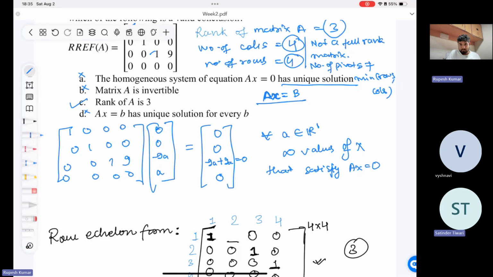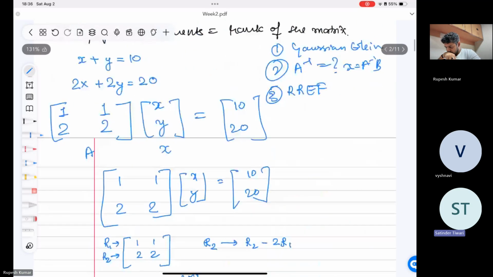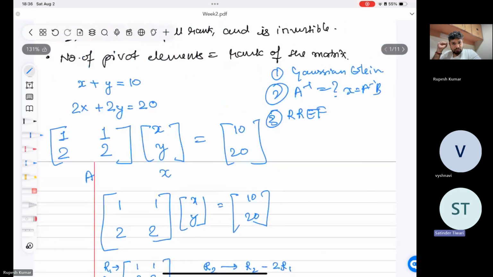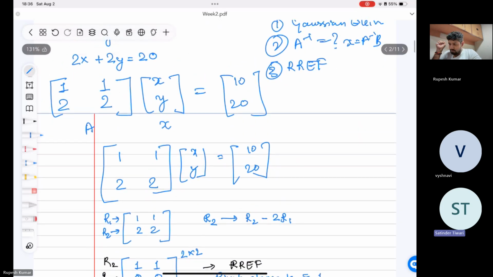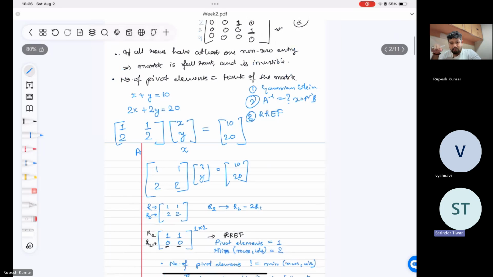Hello, sir. Thank you, sir. Sir, I was just talking about the previous example you took. What I found is that this comes out to be non-zero. So in that situation, it must have no solution. In what we took previously, it was coming 0 0 something like this.